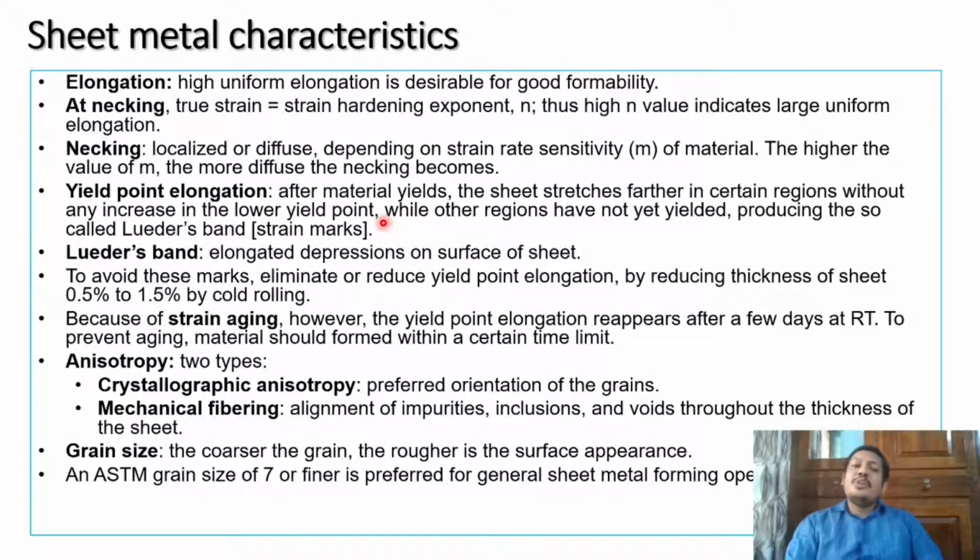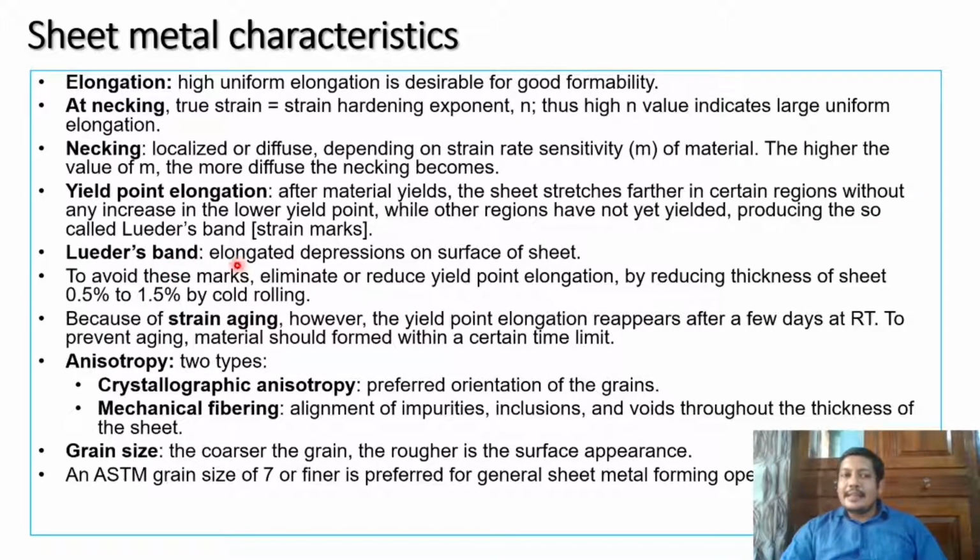So between your lower yield point and upper yield point, the elongation has happened. To avoid these marks, eliminate or reduce yield point elongation, or reduce the thickness of the sheet by 0.5 to 1.5 percent by cold rolling. So you can ensure that the Luder's band will not be present on the sheet surface.